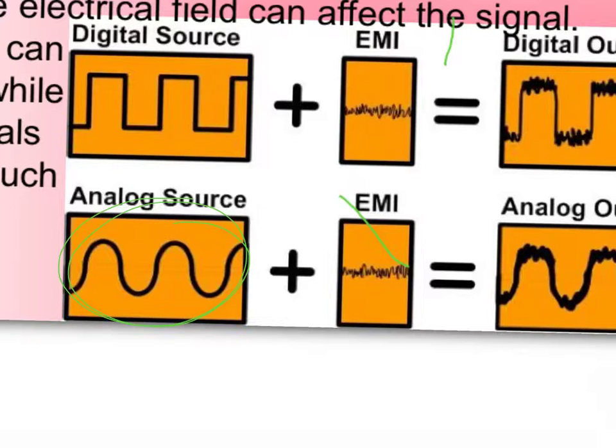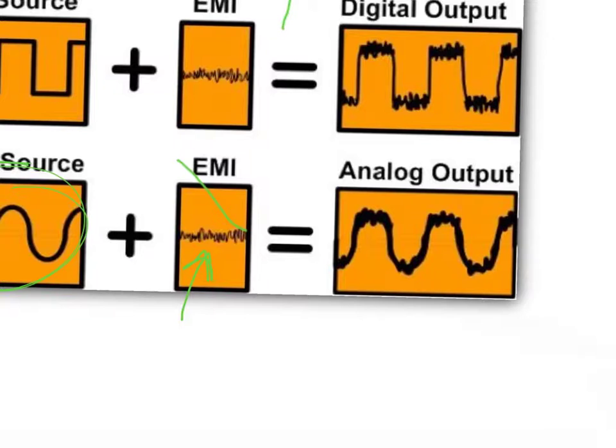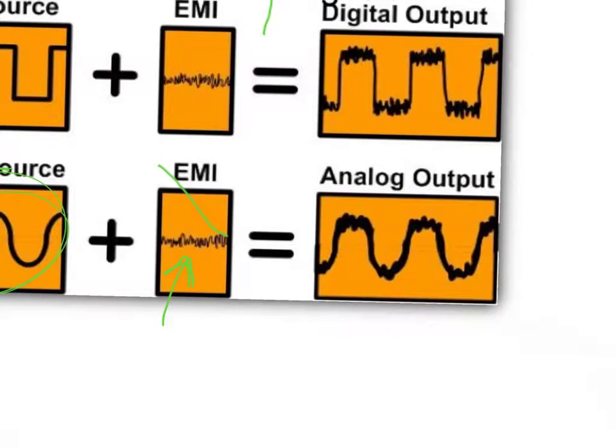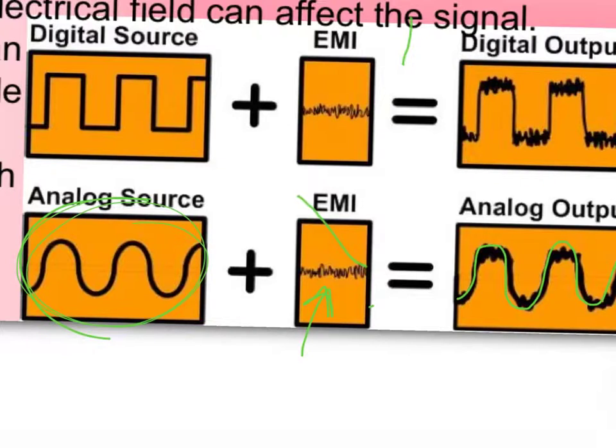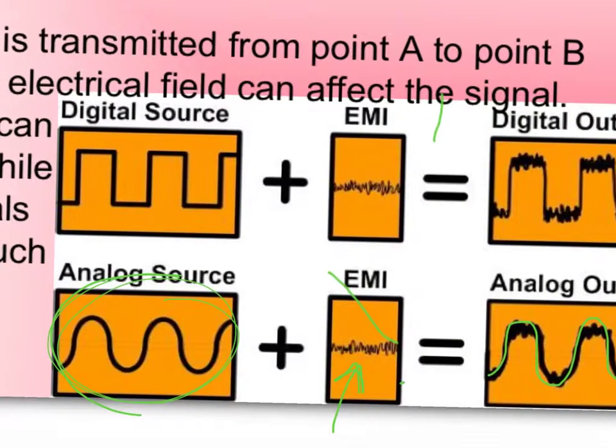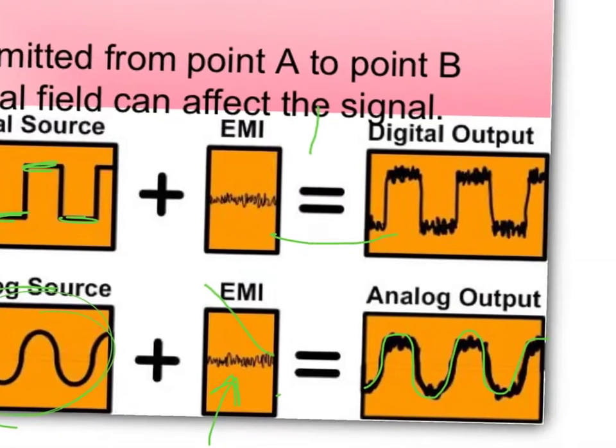When you have noise with an analog signal, so you have something like this gets introduced, you get some type of conglomeration, a signal that is a mixture of the analog signal and the electromagnetic interference. And so you get a lot of noise, a lot of static and crackling and things like that. But with our digital source, because it either is or it isn't, even with a little bit of electromagnetic interference, that signal stays the same.